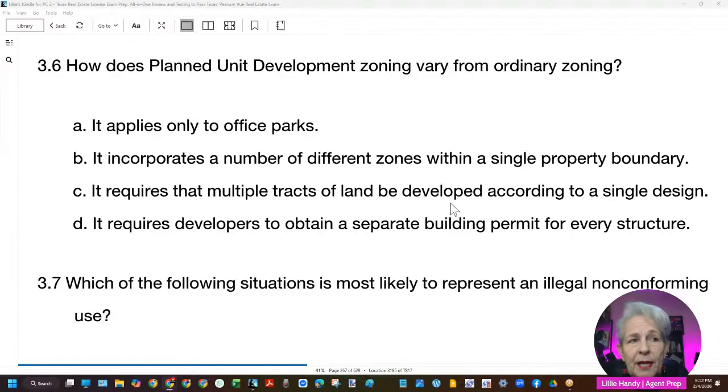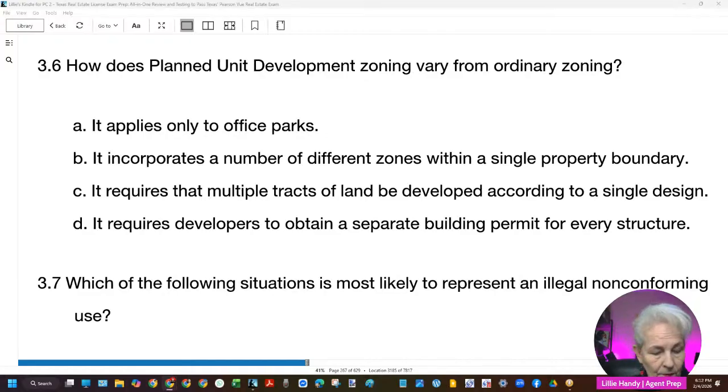C, it requires that multiple tracts of land be developed according to a single design. Or D, it requires developers to obtain a separate building permit for every structure. Well, it's not A, so I'll give you that much. And I'll type the answer in the chat. I'll give you a moment to do this.